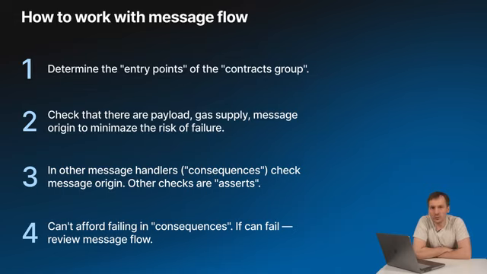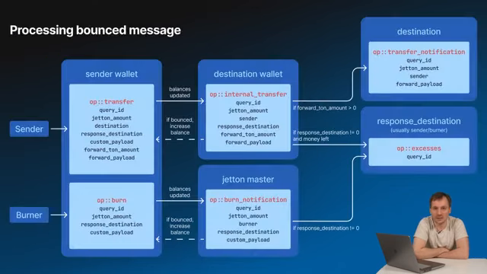If you are not sure whether it will be possible to fulfill all your plans, for example, whether the user has enough tokens to complete the deal, it means that the message flow is probably built incorrectly. In subsequent messages, consequences, all throw statements will play the role of asserts rather than actually checking something. Many contracts also process bounced messages just in case.